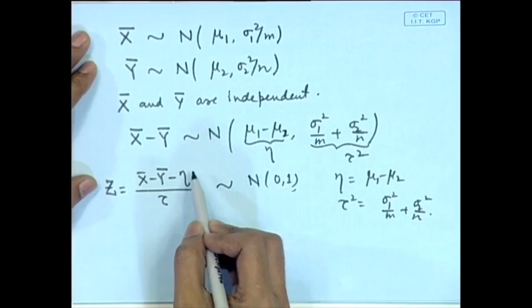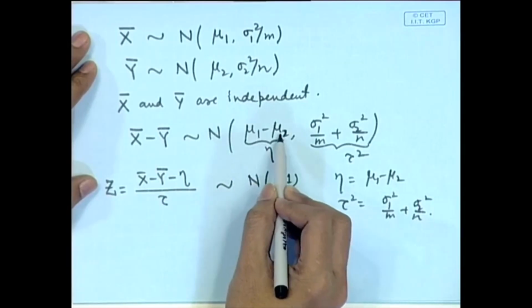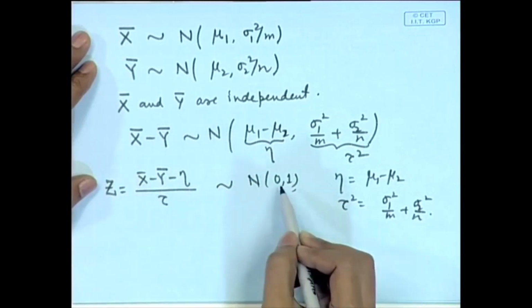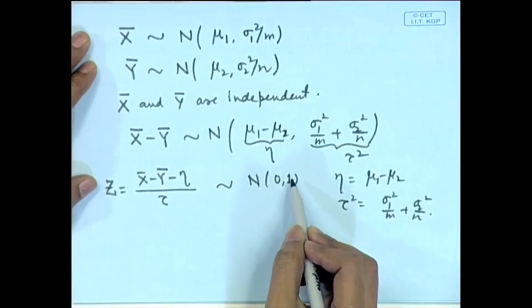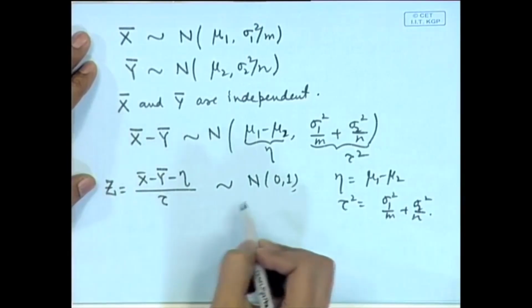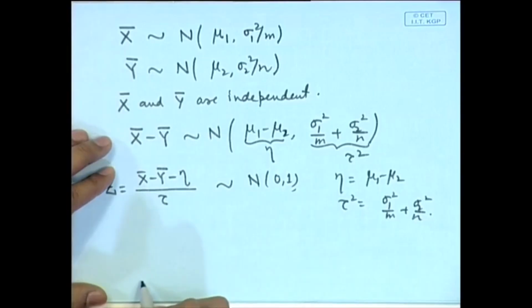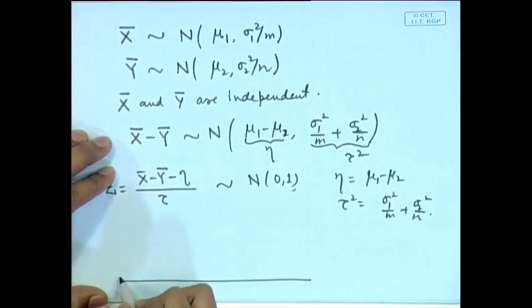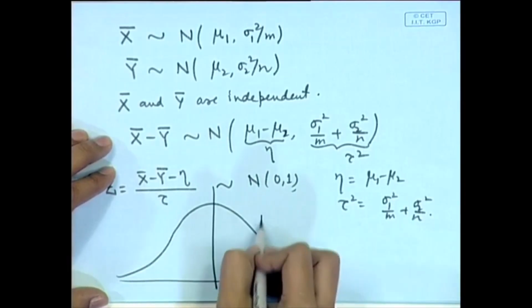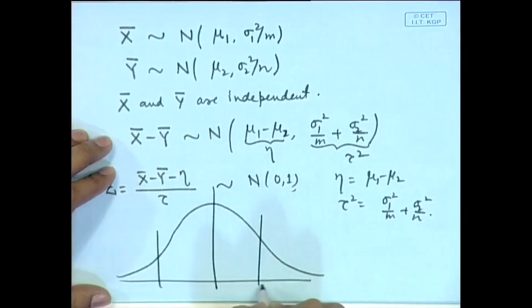That means, we wanted a confidence interval for the parameter mu 1 minus mu 2, and that is appearing here, and the distribution of this quantity is free from the parameters. Therefore, this can be considered as a pivot quantity, and as before we can make use of the points of the standard normal distribution to write down a confidence interval.